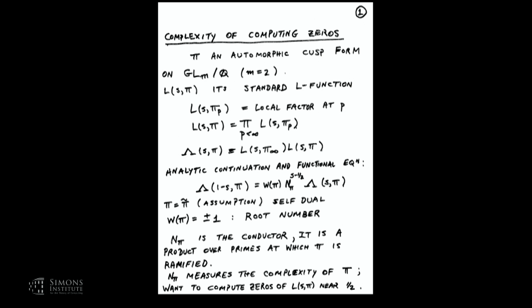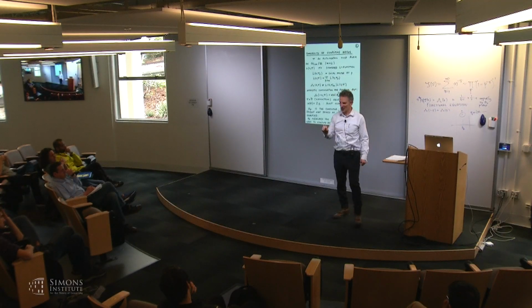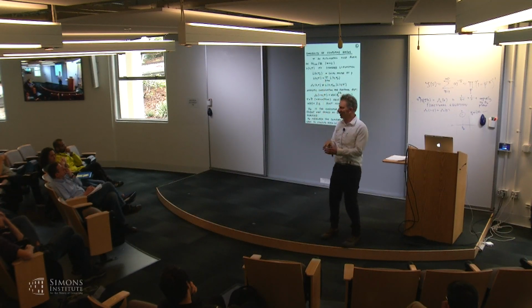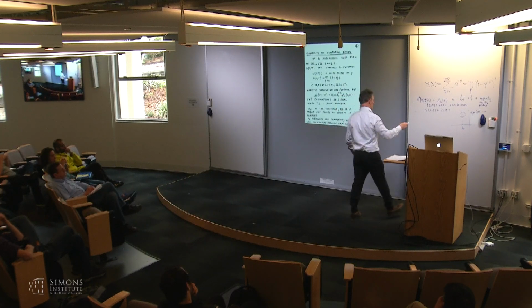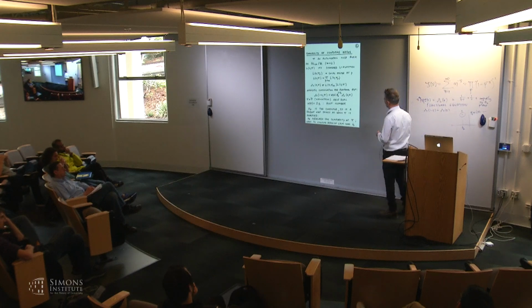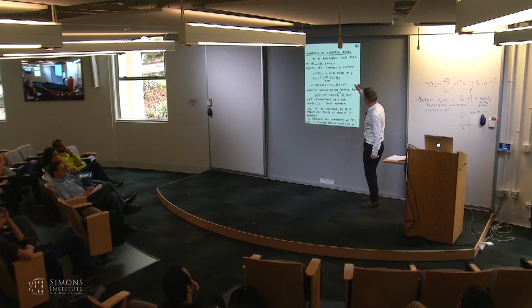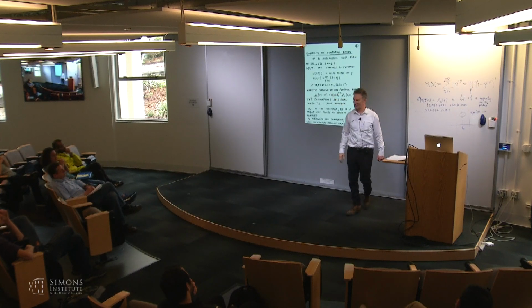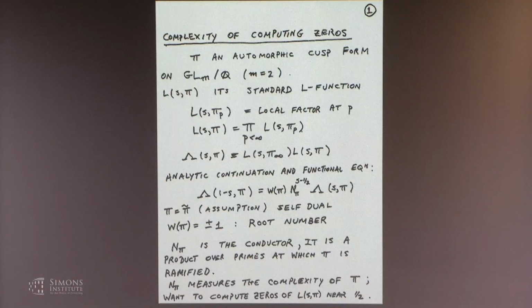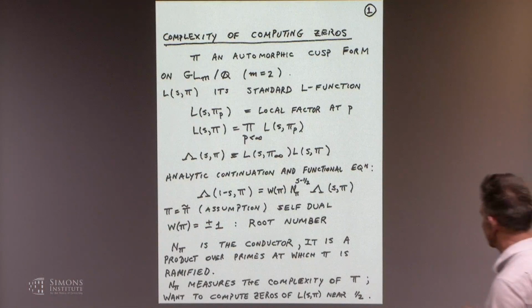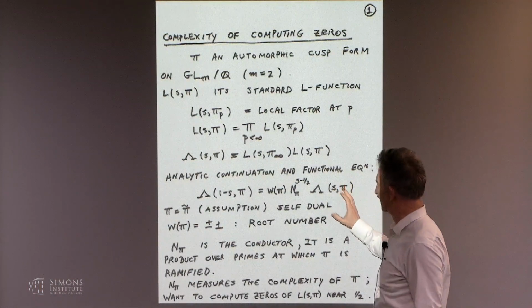I'll be interested in computing the zeros of such an L-function, not high up, but rather low down, mainly at the central point. The central point 1/2 turns out always to be the most interesting in these more general L-functions, which are self-dual. And there's a very important number. This entire talk is going to be about this root number, which is plus or minus 1, and which says the functional equation goes from s to 1 minus s.